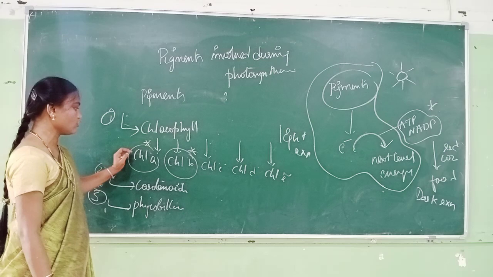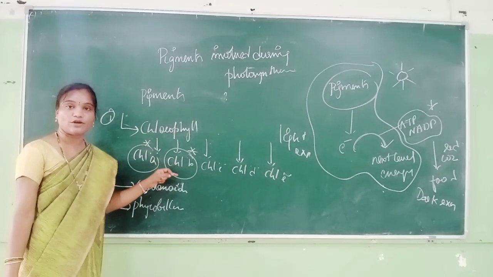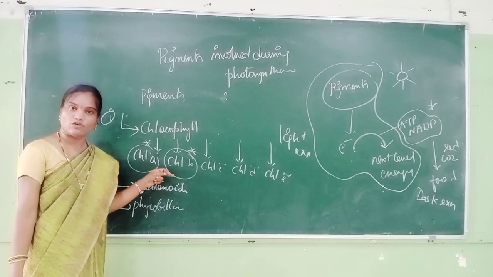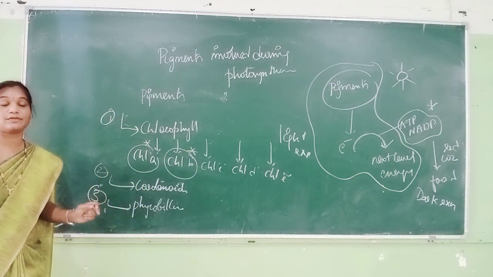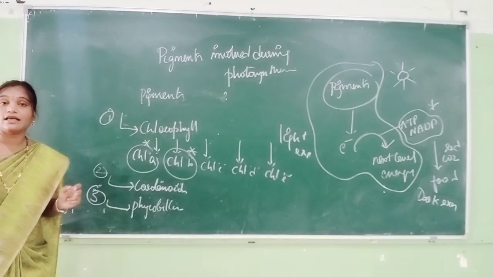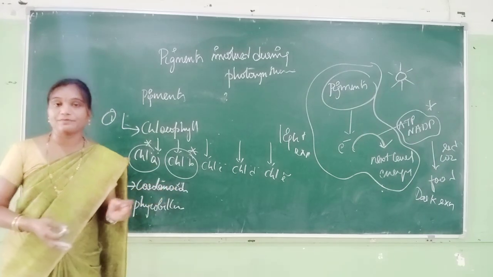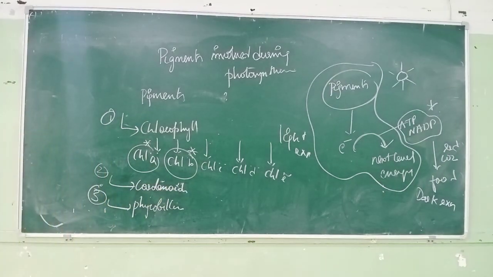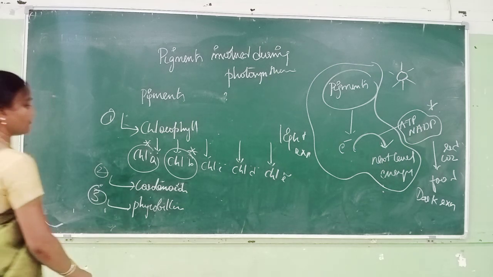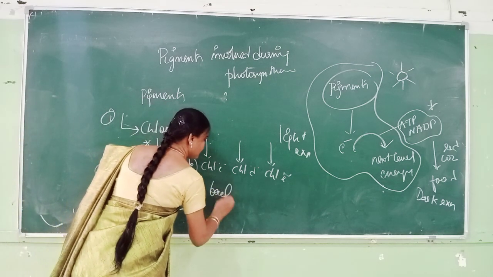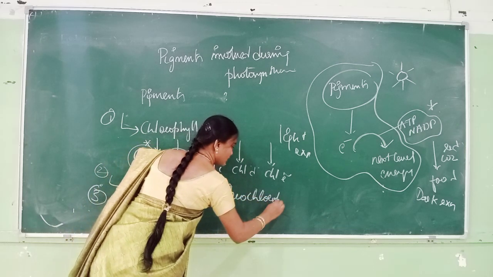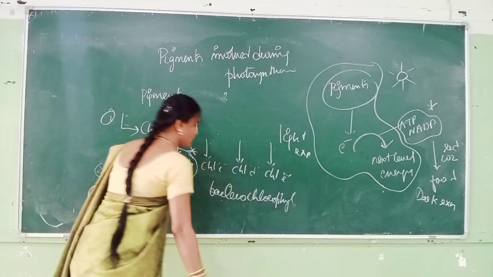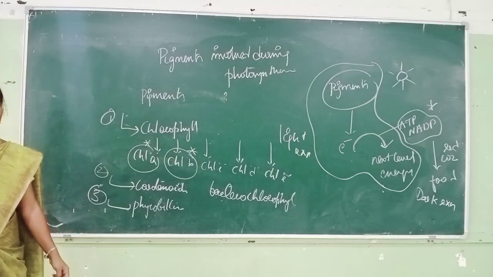As I said earlier, chlorophyll A and B are the important pigments involved during photosynthesis, and the remaining are termed accessory pigments that will help chlorophyll A and B for the synthesis of food material in your plants. Next is bacterial chlorophyll. So these are the different types of pigments.